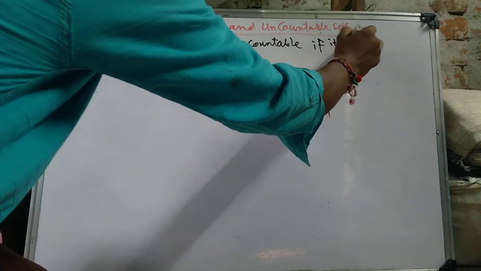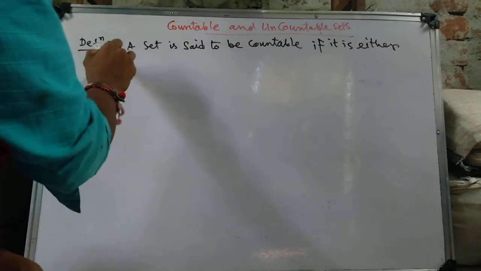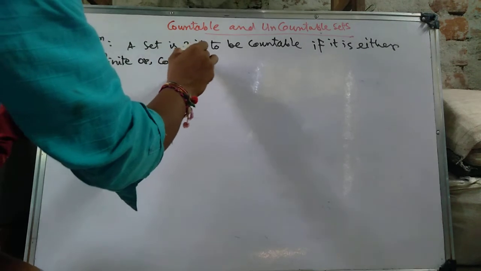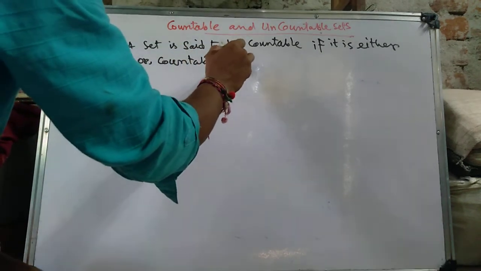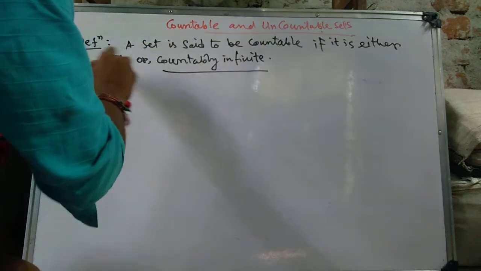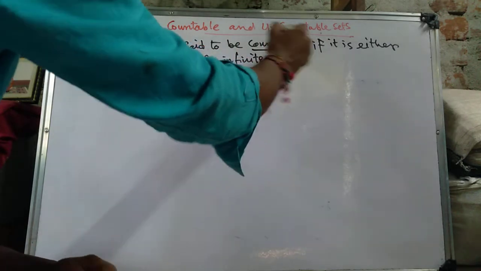Countably infinite means a bijective correspondence with Z plus, and finite means the cardinality is less than plus infinity. So in this way we call this set countable. Okay.